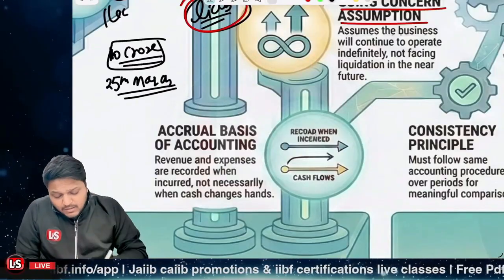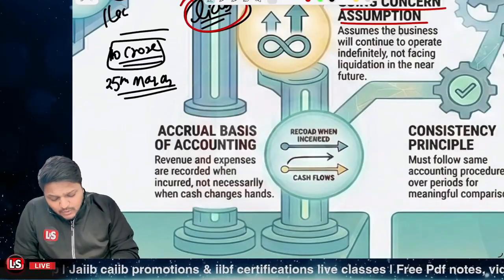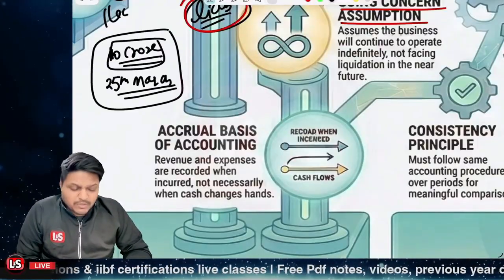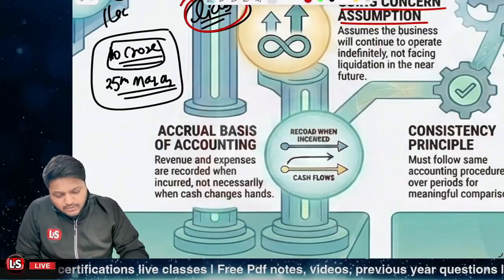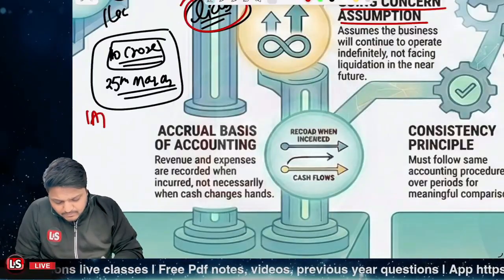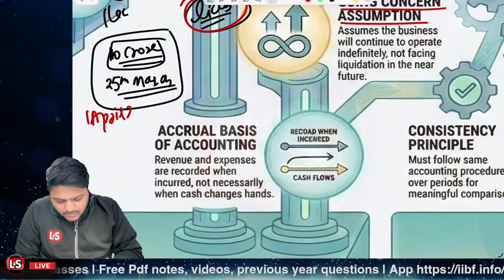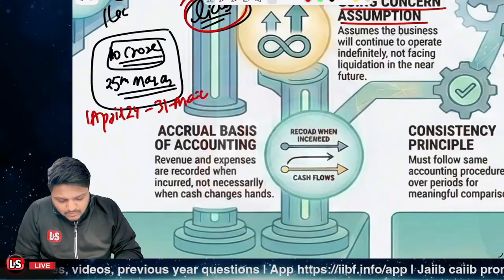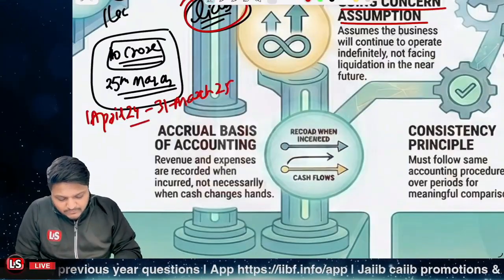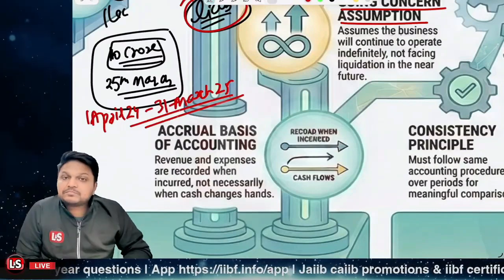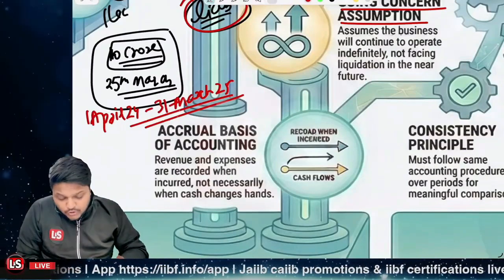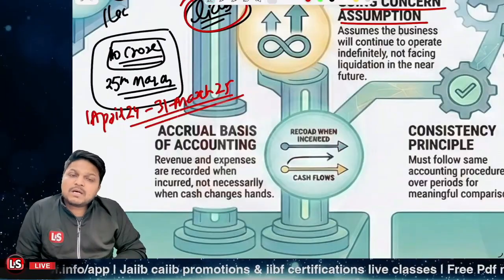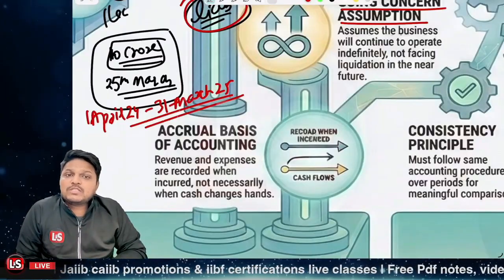Now, that particular date falls in the financial year 24-25, from 1st of April 24 to 31st of March 25, right? So it should be considered in this particular accounting period only, not in some other accounting period when you are actually going to receive the amount.